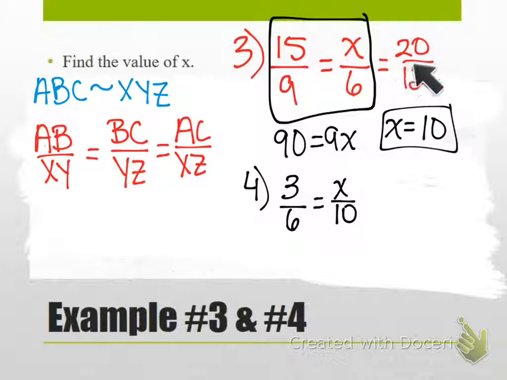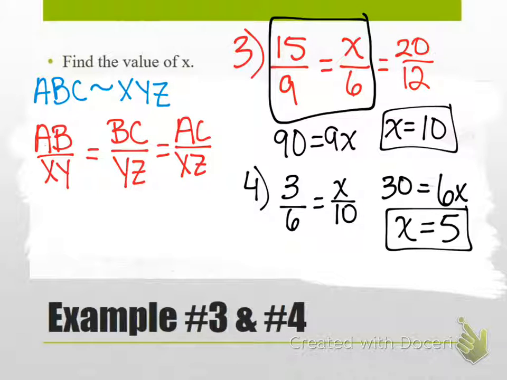So we don't have to set up the last proportion. We don't need AC over XZ. We can solve it right here. What are we going to do? Cross multiply. 10 times 3 is 30 equals 6 times x, and then what do we do to both sides? Divide by 6, we get x equals 5. Questions about this?